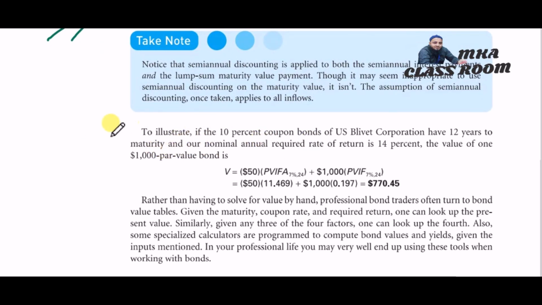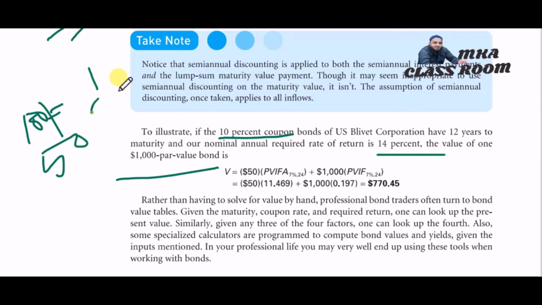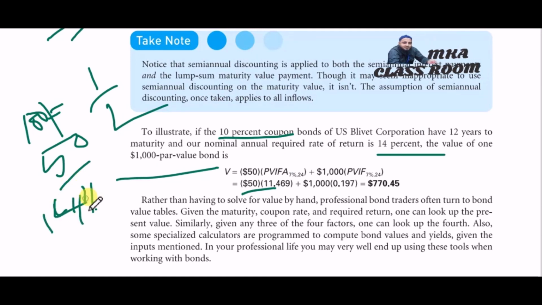10% coupon bonds of US Velvet Corporation have 12 years to maturity, and our nominal annual required rate of return is 14%, and the value should be found in this way. So here is the 10% coupon. 10% coupon means 100 taka per year, so it should be 50. That is I divided by 2, which is 50. KD divided by 2: here is 14%, it should be divided by 2.